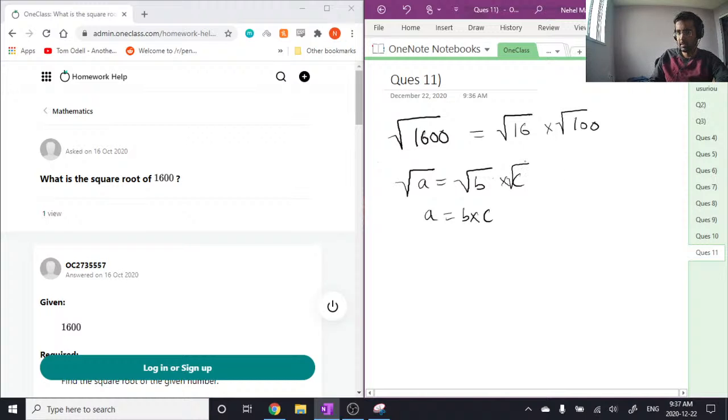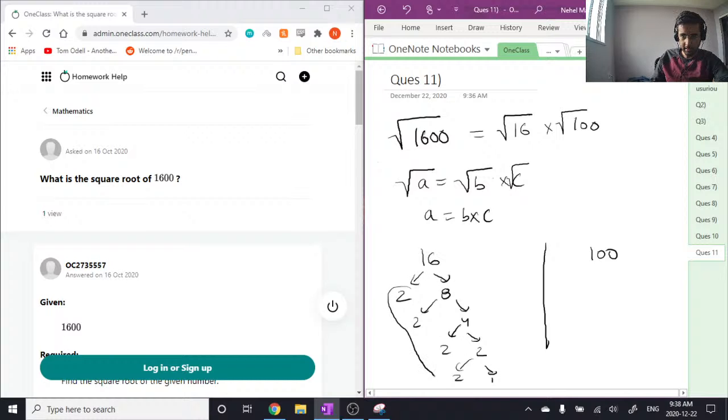Okay. So now if I do the prime factorization of 16 and 100 individually, I should be able to get to the same answer as if I did the prime factorization of 1600, which would have been a bit longer. So I start with 16 here, and on the other side I will do 100. 2 is a factor obviously, so 2 times 8, again 2, again 2, and then again 2.